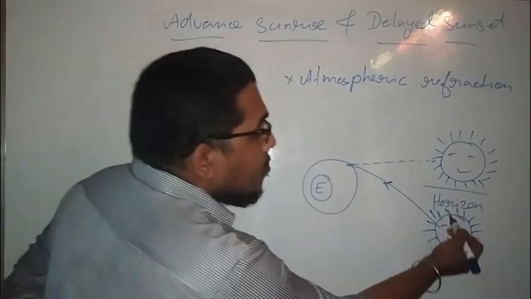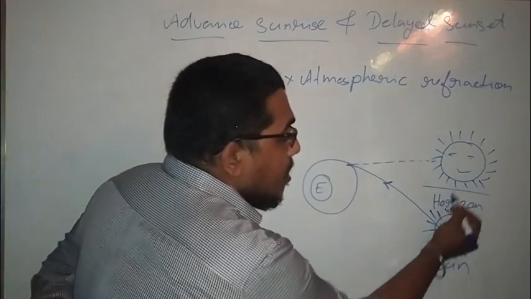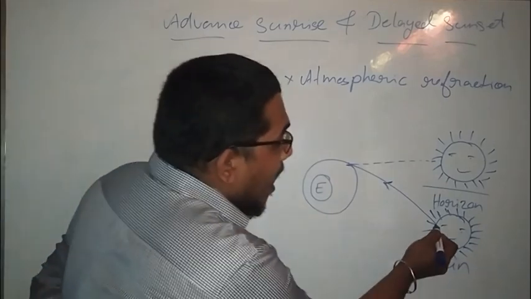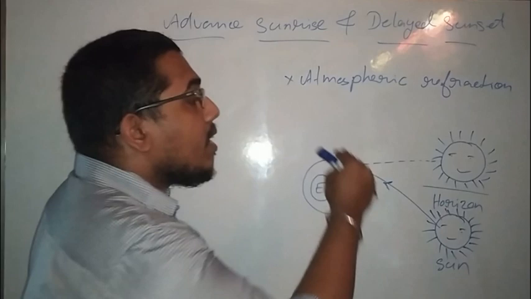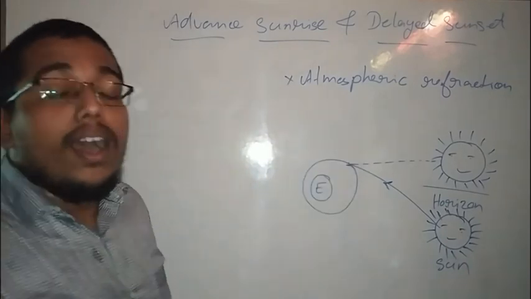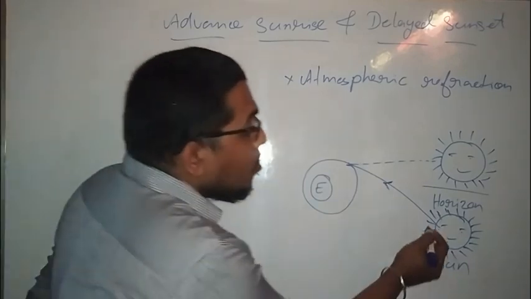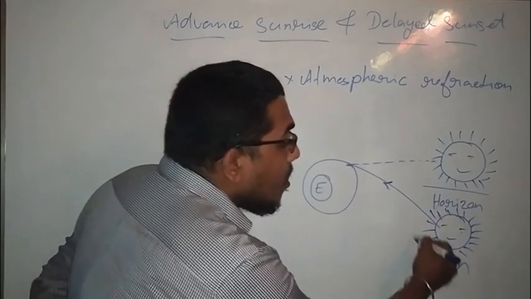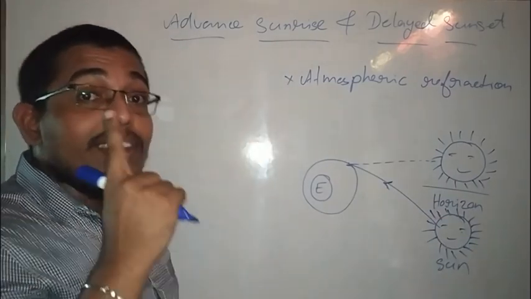Because at the time of sunrise and sunset, the sun is just near to the horizon. Right? So the light rays are traveling through the different atmospheric layers having different optical densities. And also, near the sun, the atmospheric layers are warmer or hotter region, means optically rarer region.